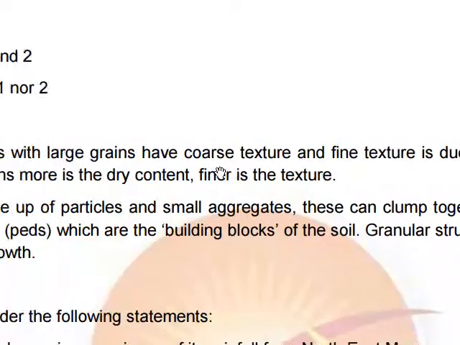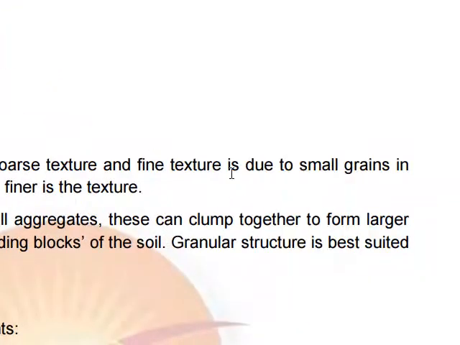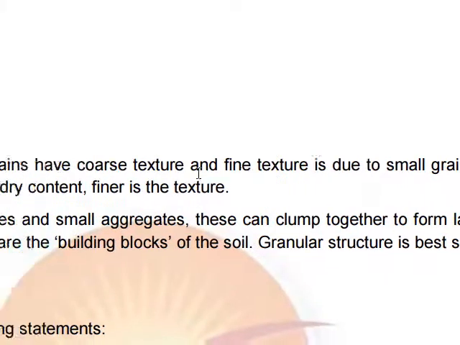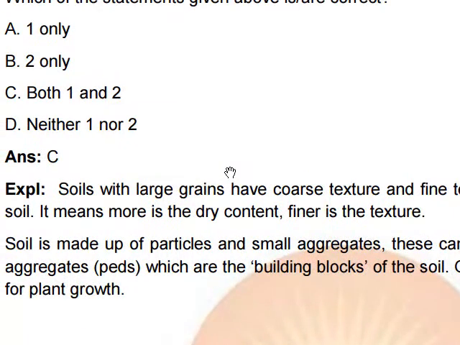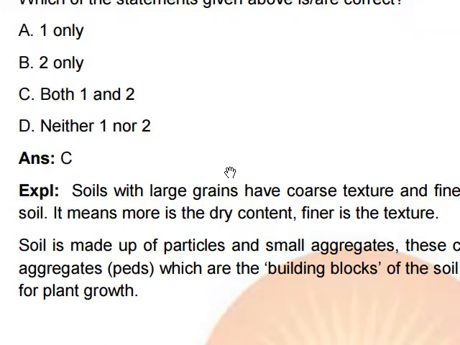Granular structure is best suited for plant growth. Okay, soil is made up of particles and small aggregates. These can clump together to form larger aggregates, which are the building blocks of the soil. Granular structure is best suited for plant growth.